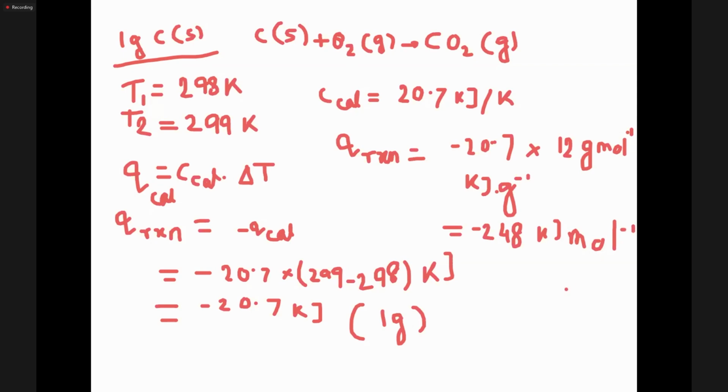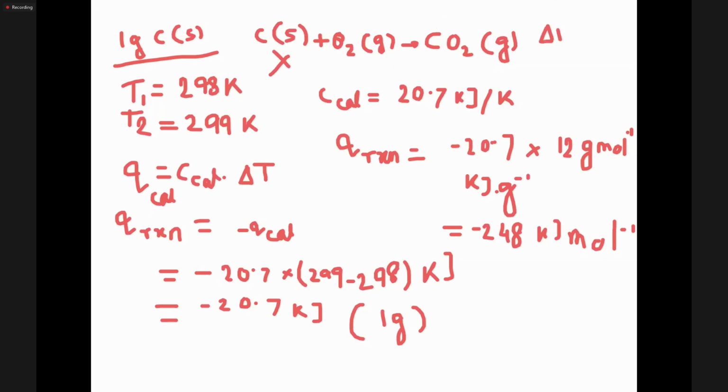Now, similarly to the last case, we calculate delta Ng of the reaction, that is the change in the gaseous components of the reaction. Here also you can see all the components are not gas. Carbon as graphite is solid, so it will not be considered. We have two gaseous components, CO2 and O2. The number of CO2 moles is 1 and the number of oxygen moles is also 1.